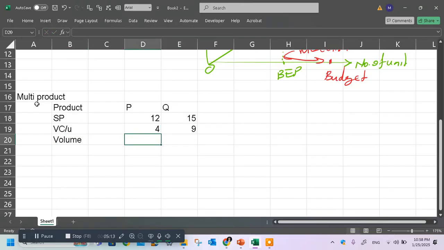Volume 1,000. Fixed cost, I'll leave one line and write fixed cost. Fixed cost $10,000 in total. You know, fixed cost doesn't come for each product separately, it's the total fixed cost.